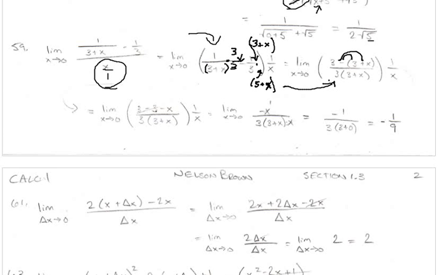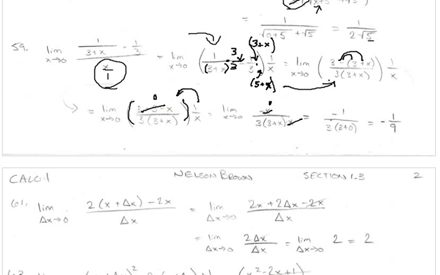I get 3 minus 3 minus x. So our positive 3 and negative 3 cancel out, becoming 0, and I'm left with a negative x on the top. In the denominator, I am left with 3 plus x and an x, once I distribute this 1 over x into this grouping. So the x factor cancels out with this x factor, leaving a negative 1 in the numerator.